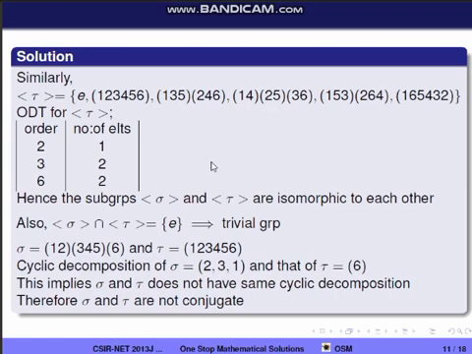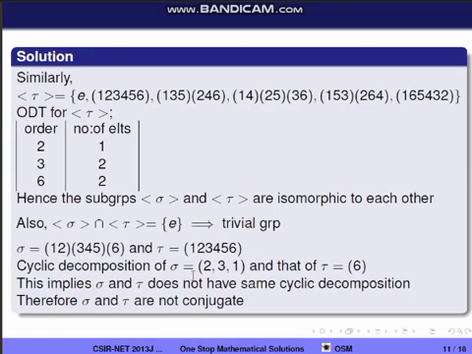Now they have also asked for the cyclic group generated by sigma intersection the cyclic group generated by tau. When we find its intersection, we only get the identity, which is the trivial group. Now sigma is equal to 1, 2, 3, 4, 5, 6. So its cyclic decomposition is given by: first cycle's length is 2, second cycle length is 3, then 1.